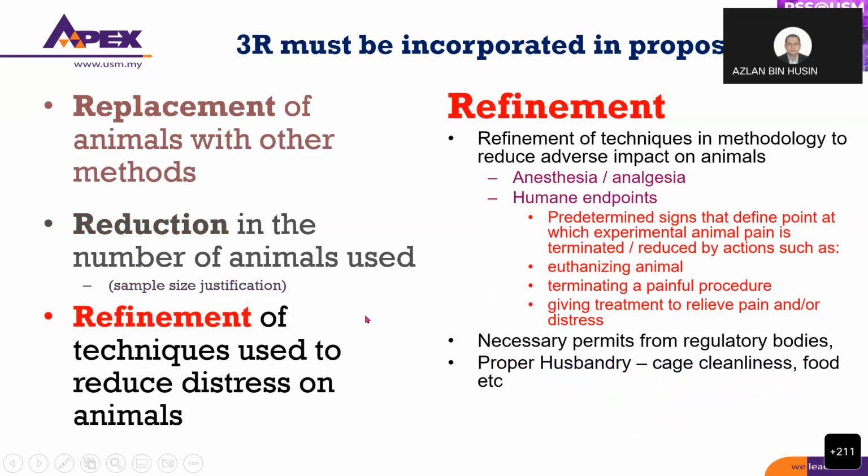Refinement means the technology, the technique, and the methodology of doing the research need to be refined. If you require some form of analgesia to reduce the pain, or anesthesia so that they do not feel the pain at all, predetermine how much you want to observe and to what extent, and plan how you terminate the animal in as painless a way as possible.